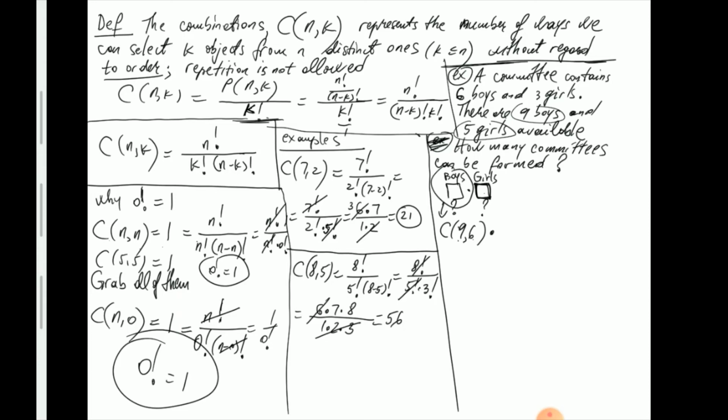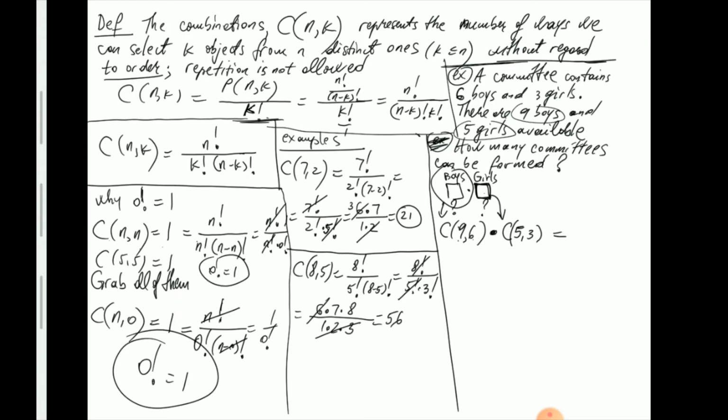And this is multiplied via the multiplication principle with the number of girls, which should be 3 out of 5. So that means combination of 5 comma 3, and that fulfills the number of possibilities for the slots for girls. So the answer is combination 9 comma 6 times combination 5 comma 3.